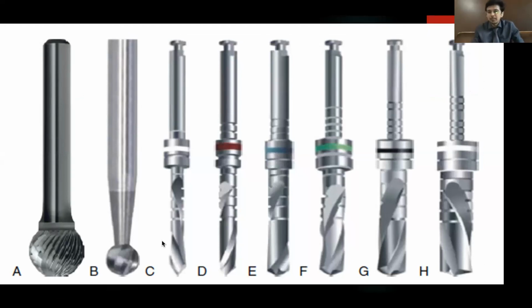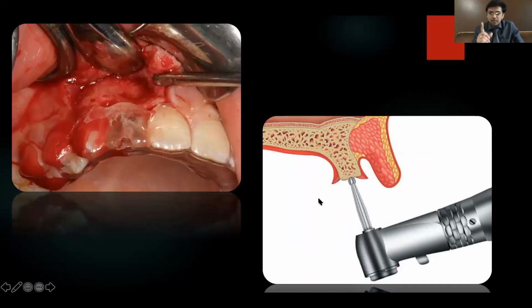Because trust me, the round burr tends to slip a lot at low speed. So never ever use a round burr for the beginning of your osteotomy. You can use a large round burr for trimming of the sharp edges of a ridge as such, but never ever start with a round burr.